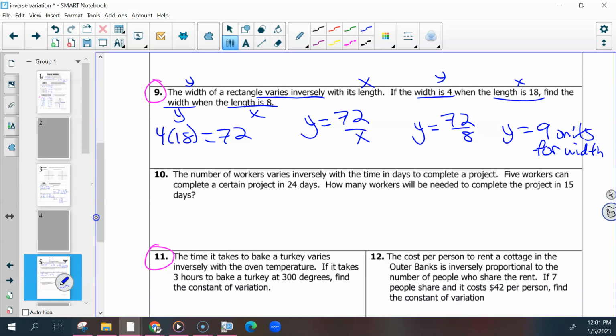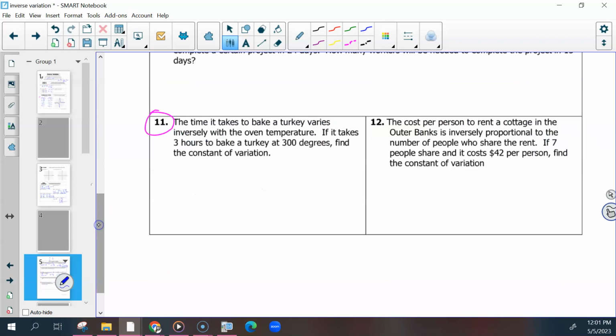Questions on that one? Last one, 11. What's your x? What's your y? Y is time, x is temperature.